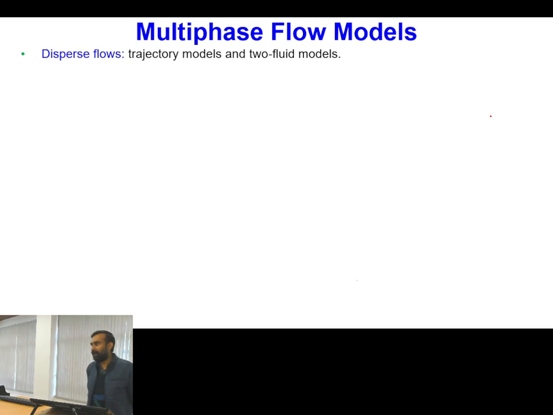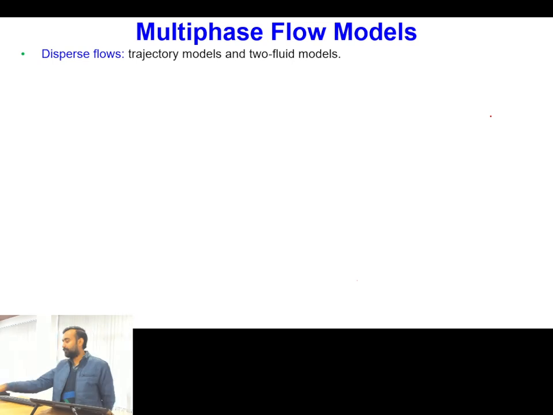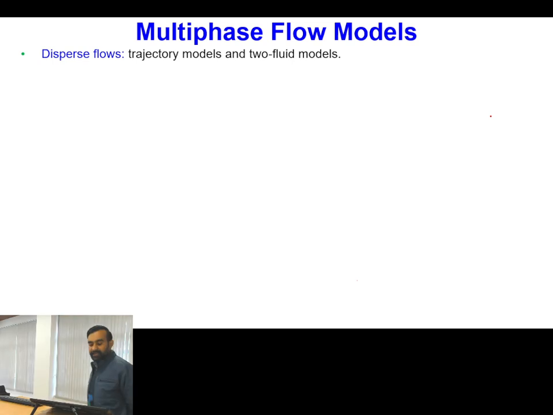Okay, now with this initial basic idea about multi-phase flows, now we will try to understand more about multi-phase flow models and notations. So let us first talk about how, if we have to analytically or numerically solve multi-phase flow problems, we can define our problems and what type of models we can use.